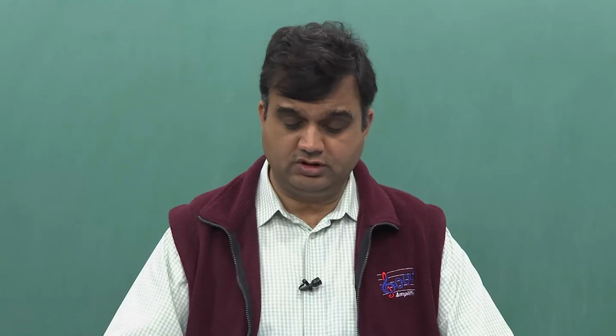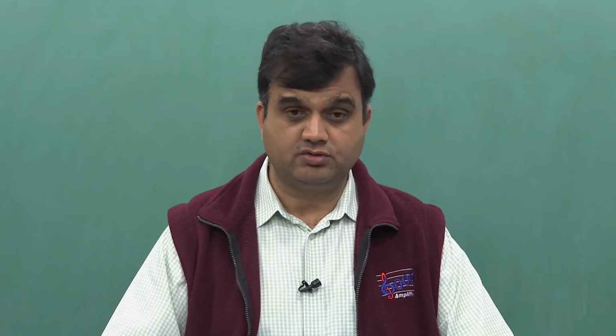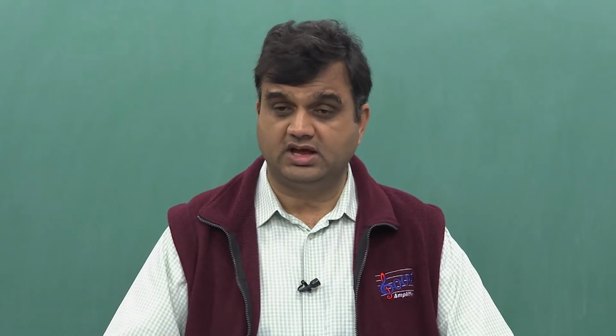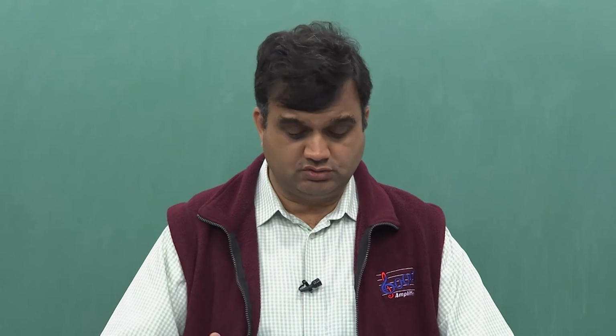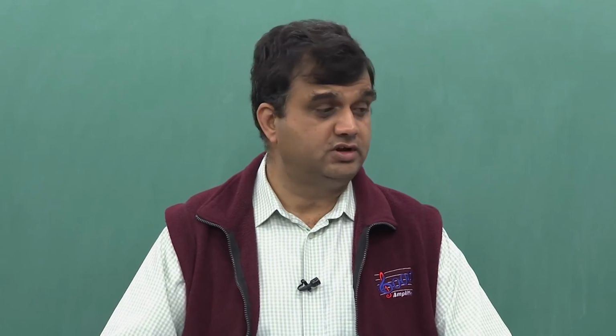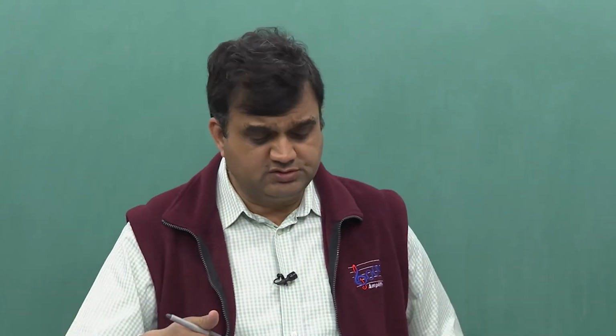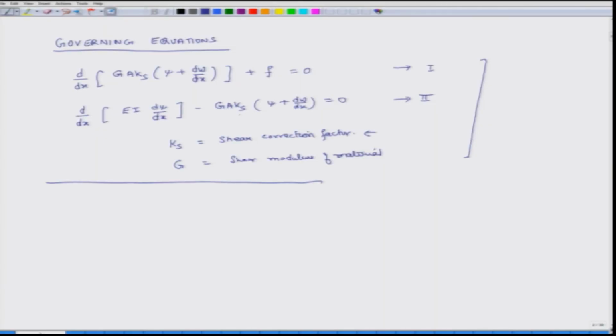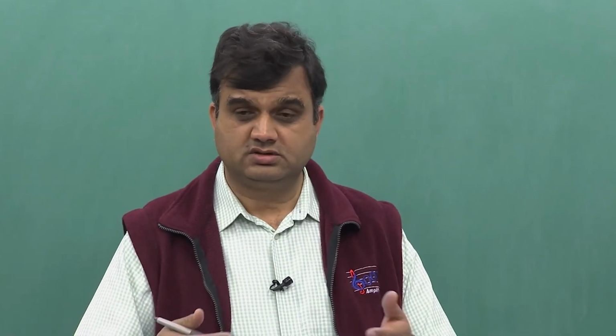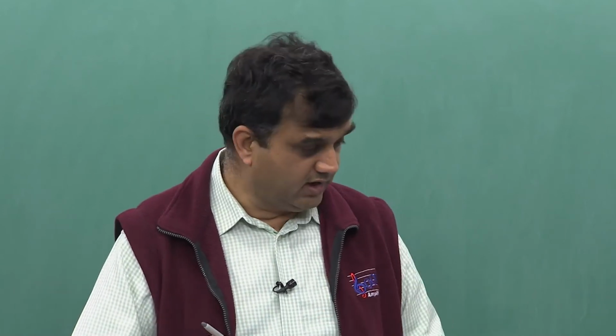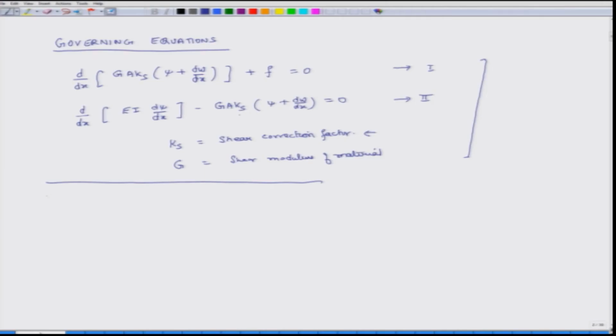Now, here we have two equilibrium equations and we have two fundamental unknowns, psi and W. So, through this example, not only we will learn a little bit more about beams and the theory of beams, but we will also learn in the context of finite element analysis how multiple degrees of freedom systems are handled. So, next we will develop a weak formulation.